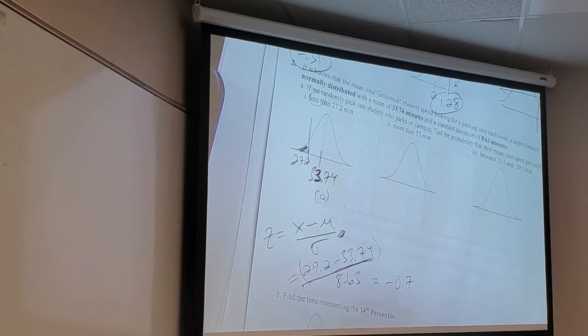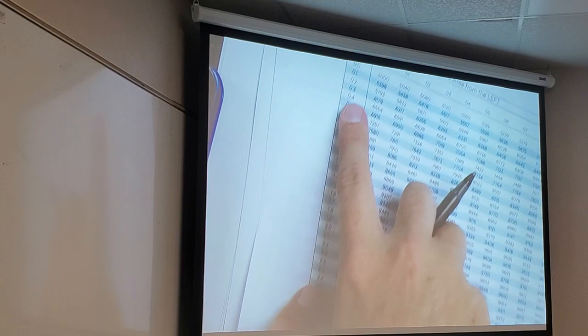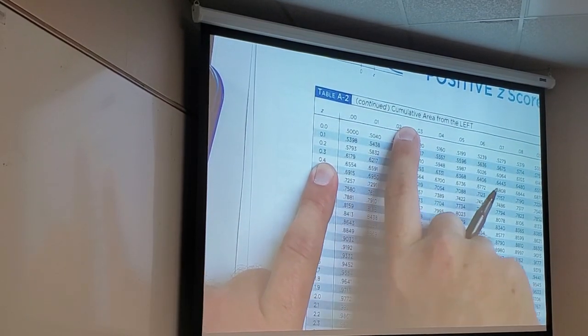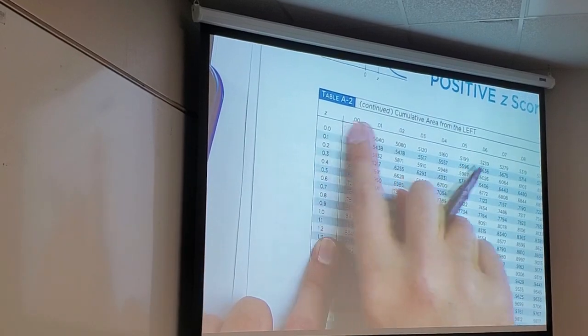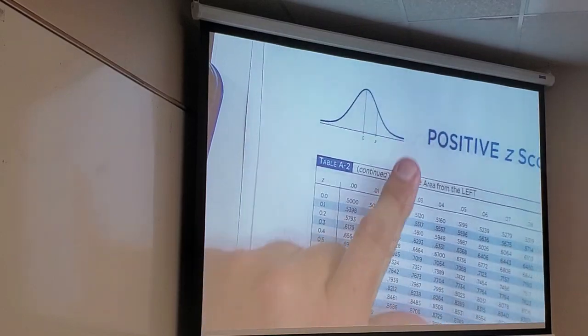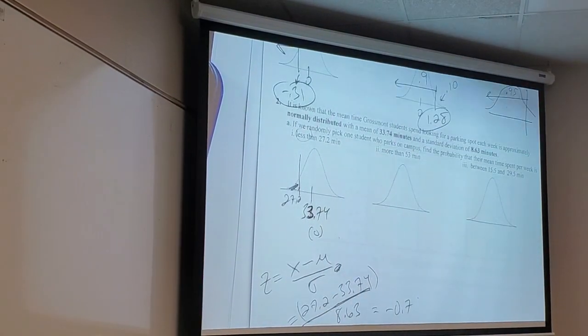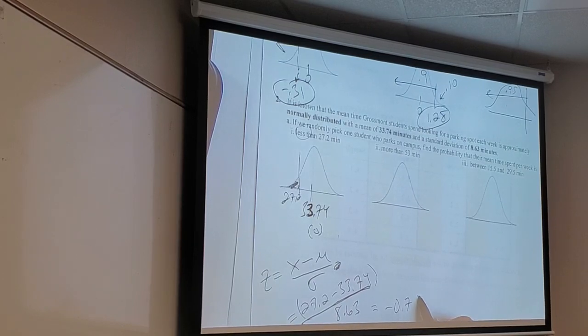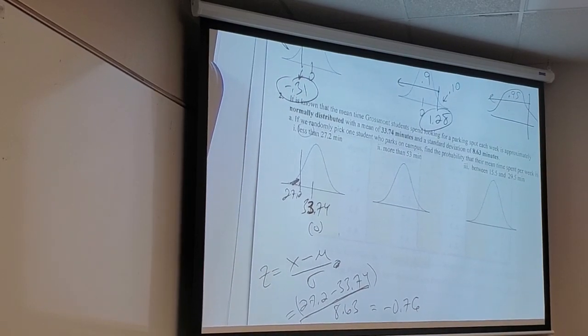I love you guys so much. So for example, 0.42, right? How many decimal places is that? 2. So this is the second decimal place. So we're going to always round z-scores to 2 places because that's as far as the chart goes. Okay. 0.76. Don't cut it, round it.